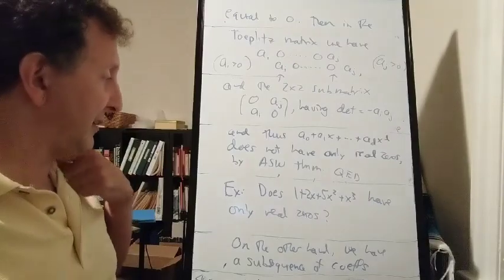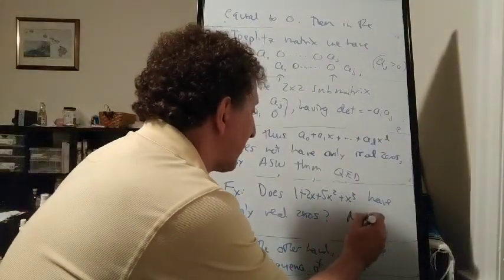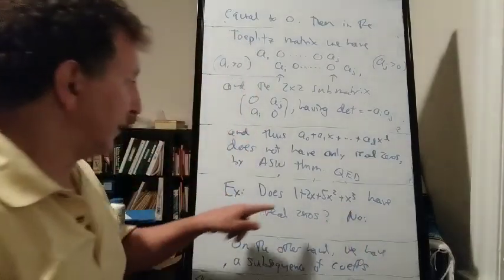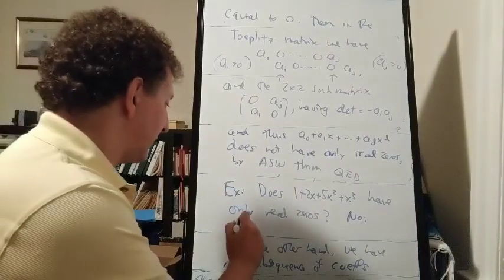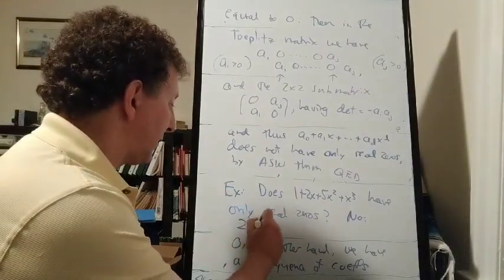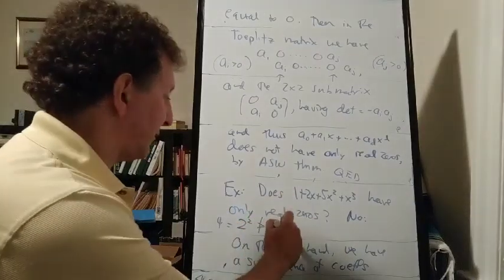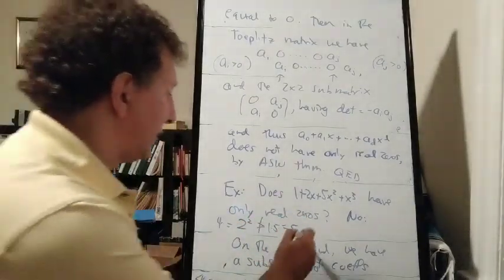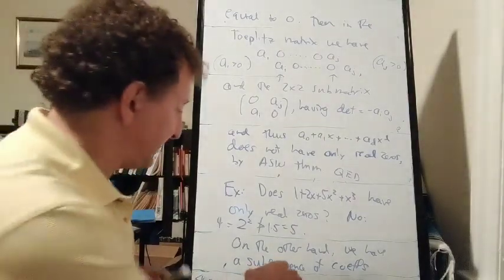But log concavity does not. So if we look at this coefficient, 2 squared is not bigger than 1 times 5. Two squared is 4, and 1 times 5 is 5. So no, the coefficients are not log concave.